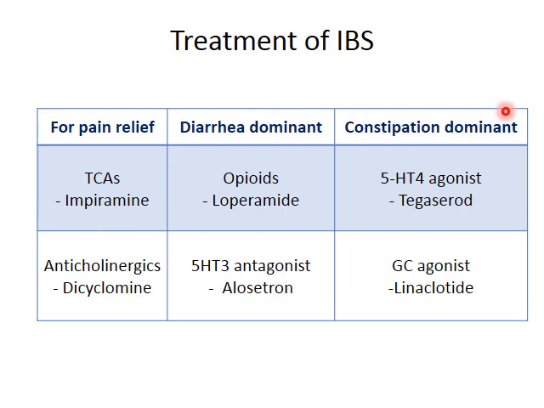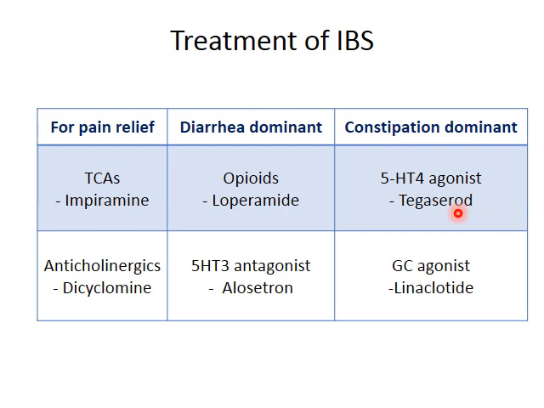In case of constipation dominant irritable bowel syndrome, tegaserod is a partial agonist at the 5-HT4 receptor, which promotes gastric emptying. But the main drawback of tegaserod is that it also carries a risk of heart attack and stroke.